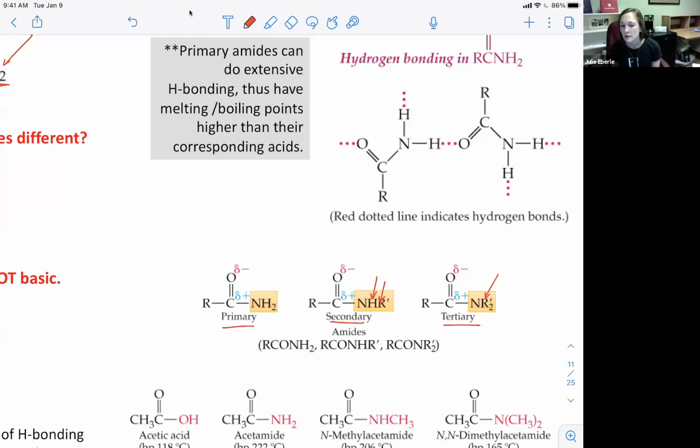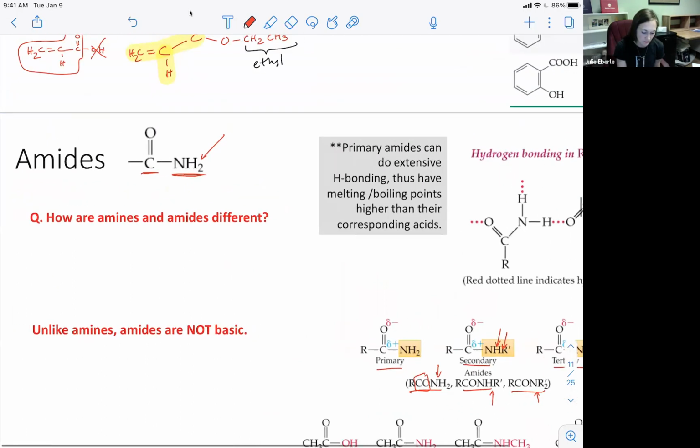And here are all the condensed structures for that. This is your carbonyl portion, and then here are the primary, secondary, and tertiary in those condensed structures. So they can be wildly different. Don't just think it's always NH2.